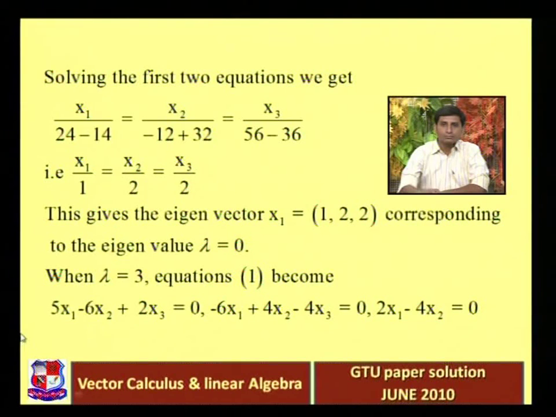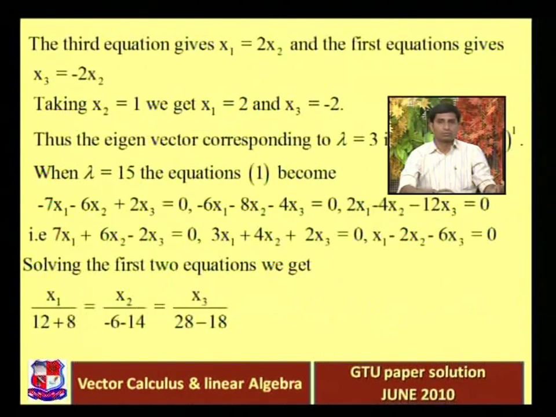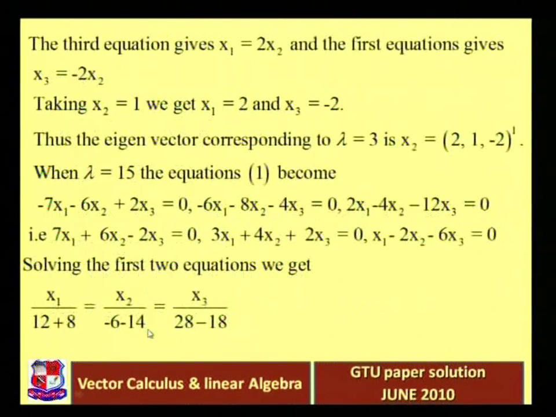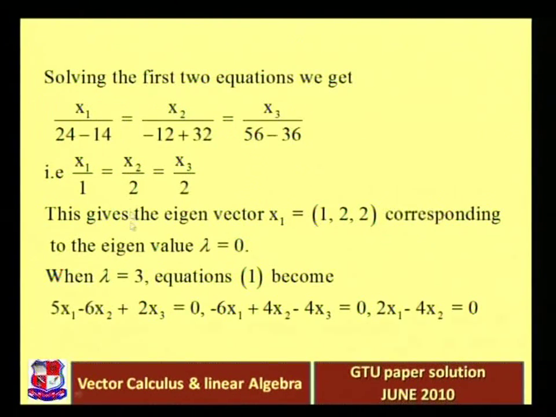So from the last equation you will get x1 is equal to 2x2, right? The third equation gives x1 equal to 2x2, and the first equation gives x3 equal to minus 2x2. Because x1 is equal to 2x2, put the value of x1 equal to 2x2 here.